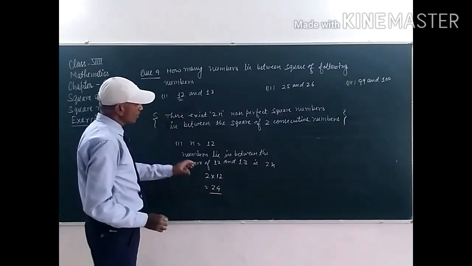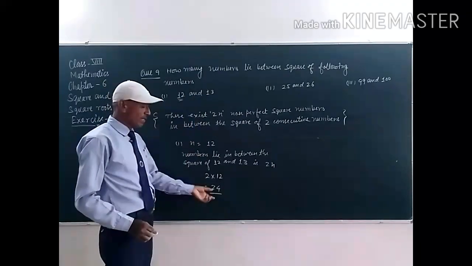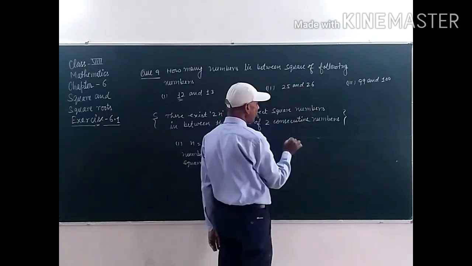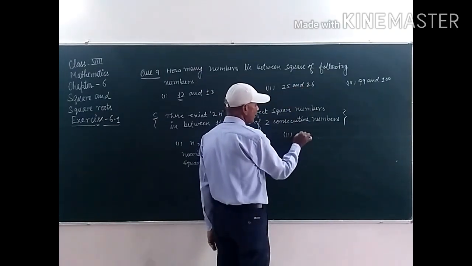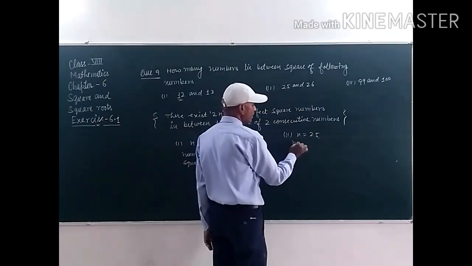So between the squares of 12 and 13 there will be 24 numbers, and in this, student, in the second part, n is equal to 25.